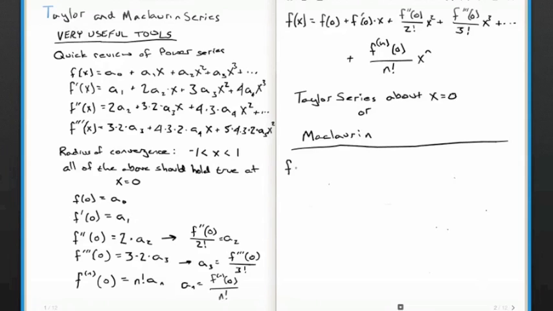So just like I shifted that power series in the last lecture, I can say that a more general case is that f of x equals some a sub 0 plus some a sub 1 times x minus a to the first plus a sub 2 times x minus a squared plus a sub 3 times x minus a cubed plus dot dot dot, right?